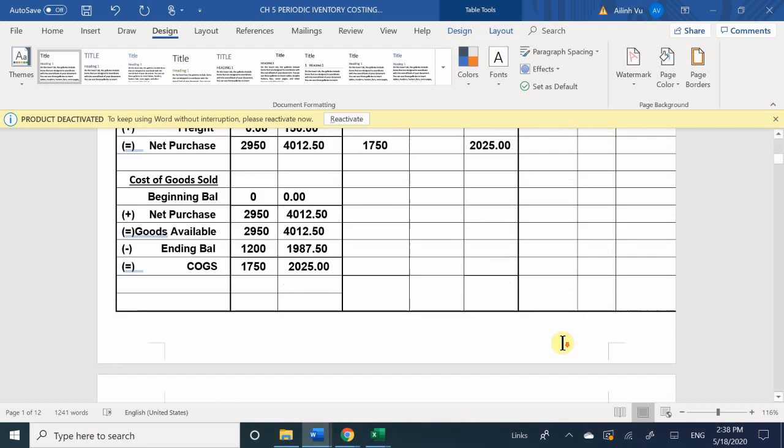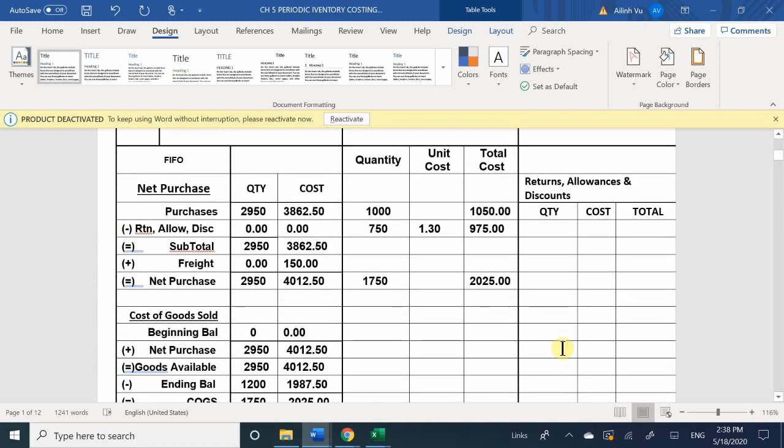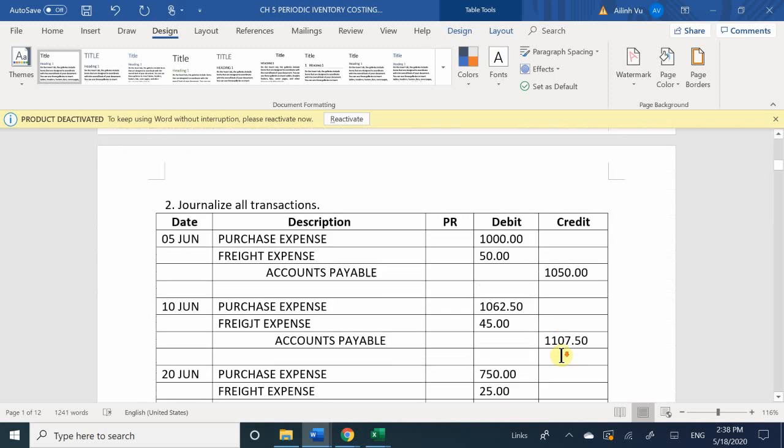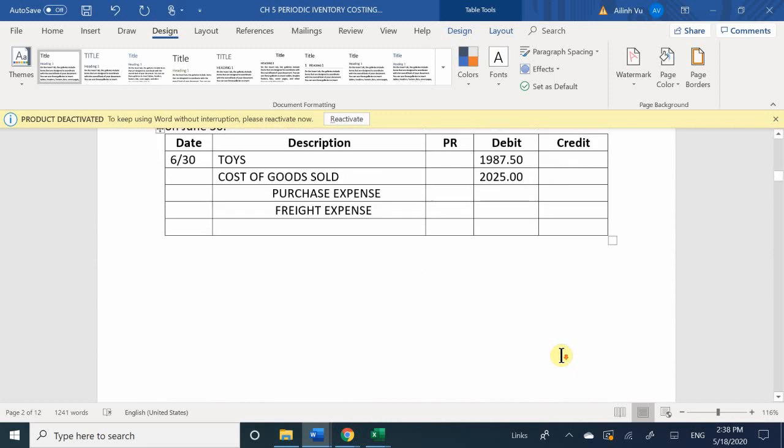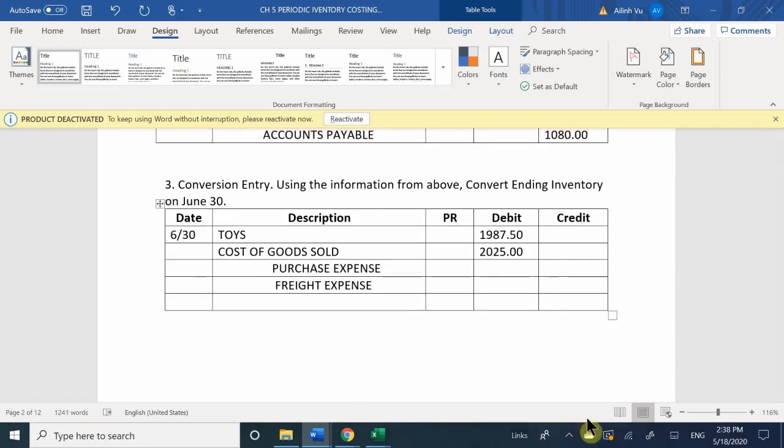$3,862.50. Yes. We're only dealing with purchases, no freight yet. Because why? Our next section is freight expense, which we know our total freight is 150. Yes. So we need to calculate. So here freight was 150 and purchases were 3,862.50. Is that what you said?